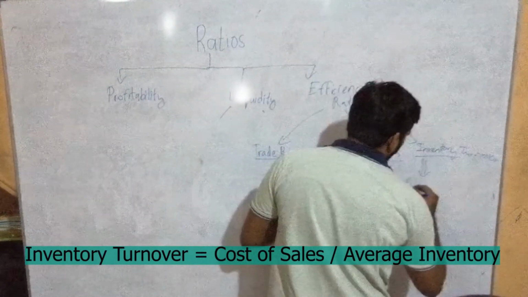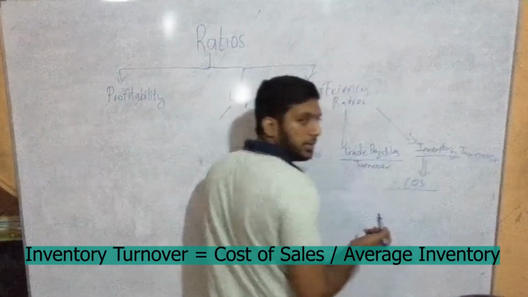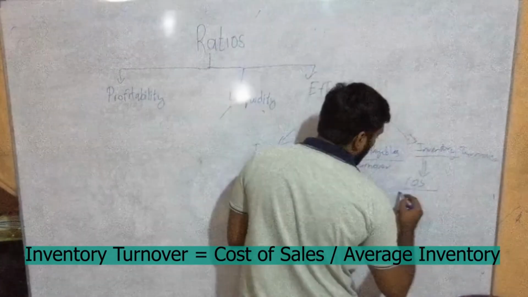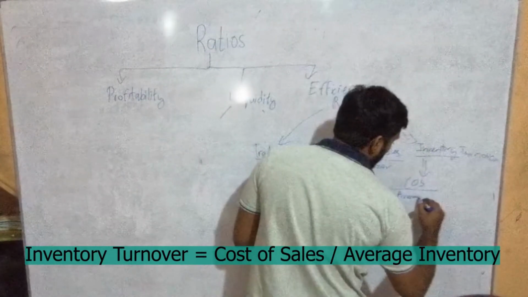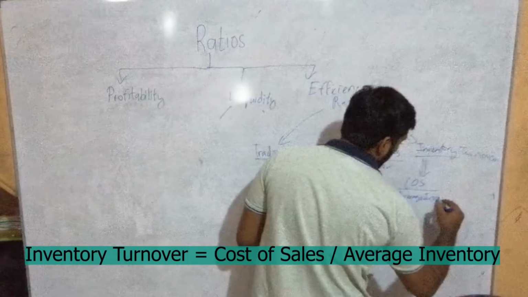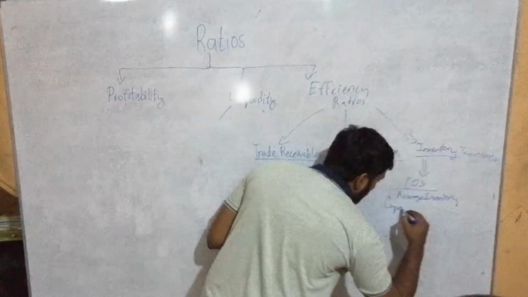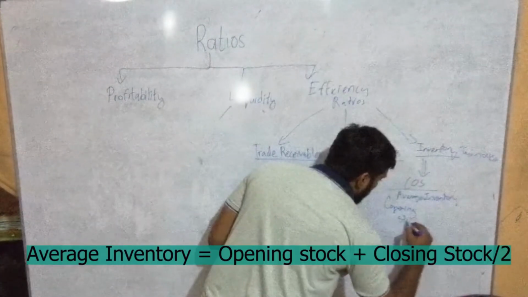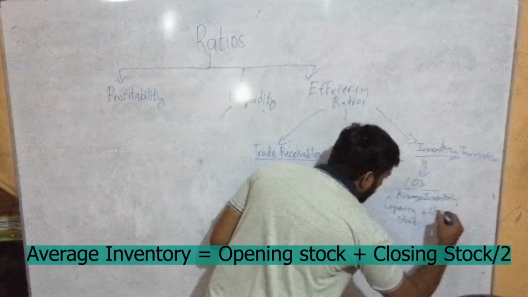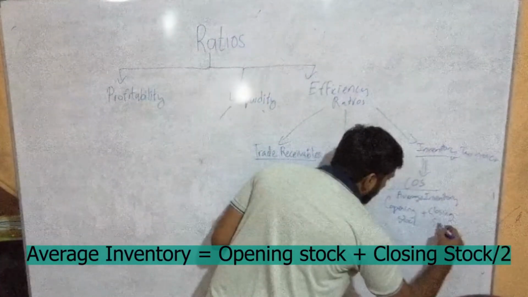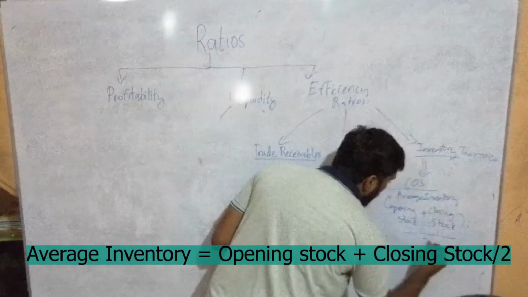Again, the same way, you take cost of sales directly and divide by average inventory. How do you take average inventory? Easy. Opening stock plus closing stock, divided by 2.